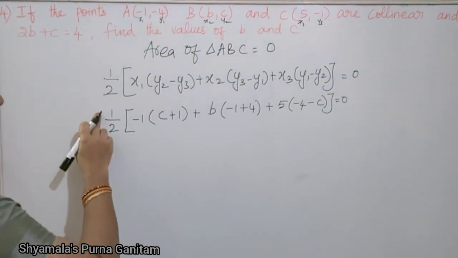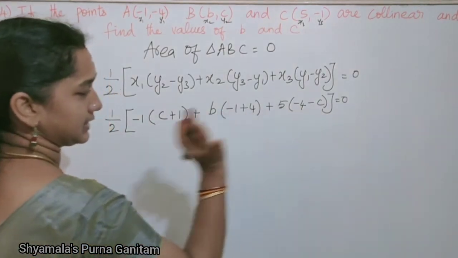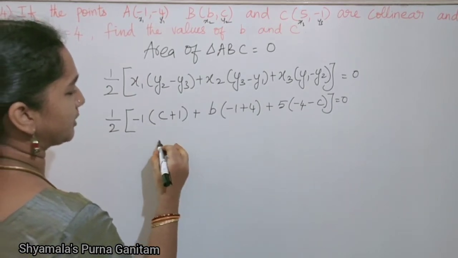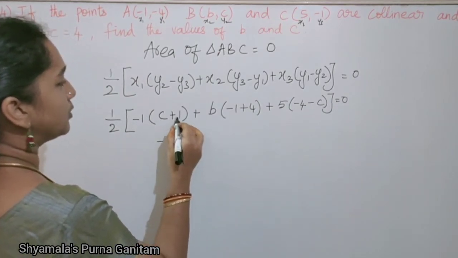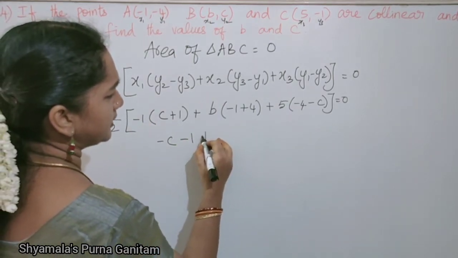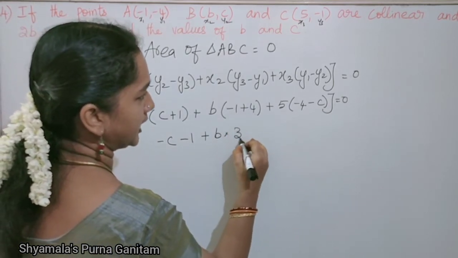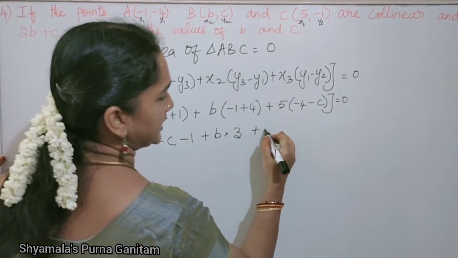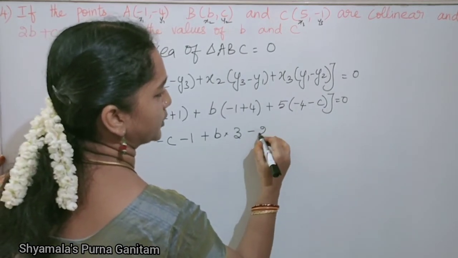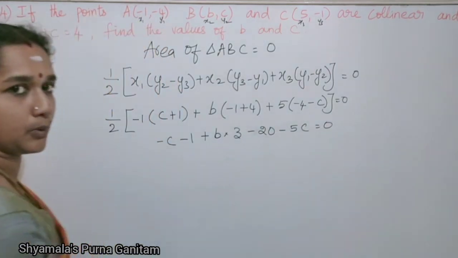So in the next step, 1 by 2 is equal to 0, so this will go. Only the simplification I am going to write. So c into minus 1 is minus c, 1 into minus 1 is minus 1. This one is plus b into minus 1 plus 4, which is 3. Plus here nothing to simplify, so directly I will multiply: 5 4s are 20, minus 20 minus 5c is equal to 0.